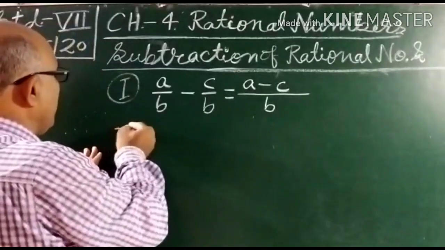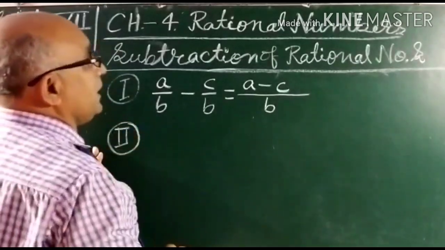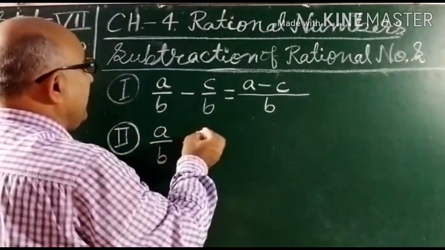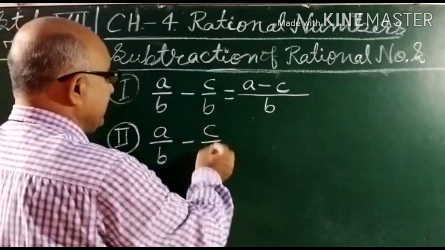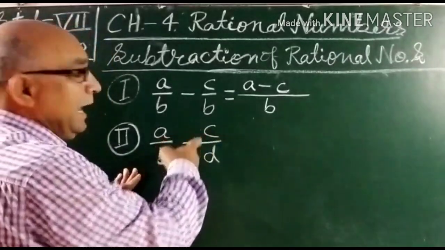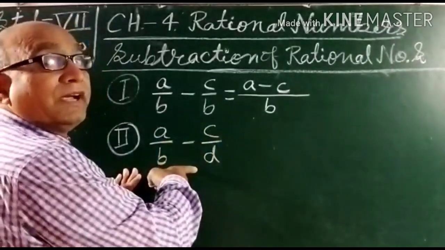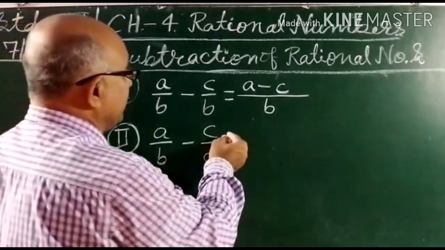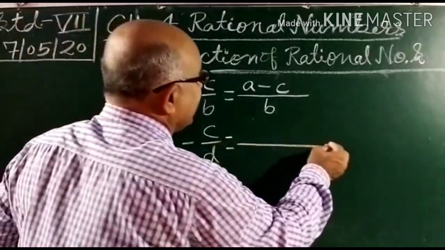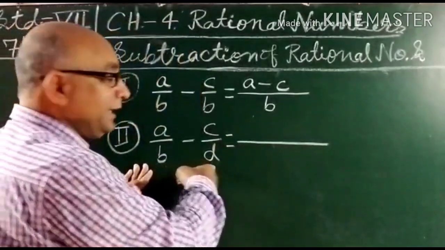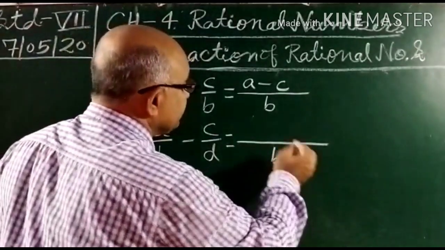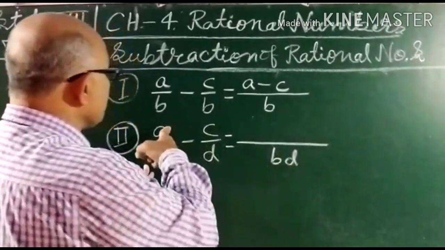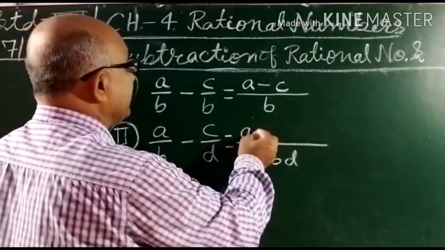Now the second type of subtraction of rational numbers is a/b minus c/d, where a/b and c/d are two rational numbers. Taking the LCM of denominators b and d, it is bd. bd divided by b, quotient is d, so a into d is ad.